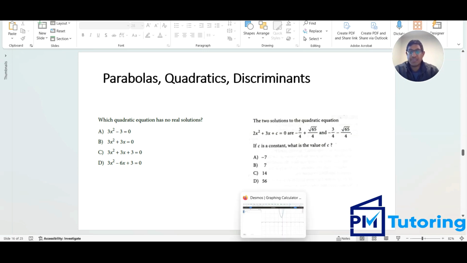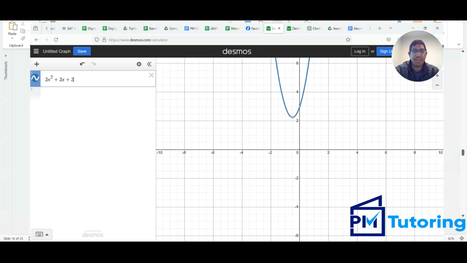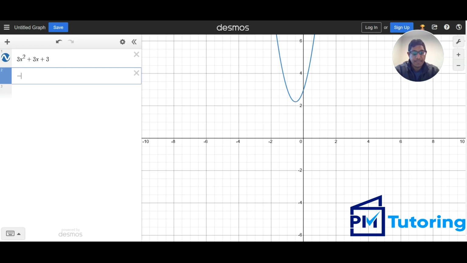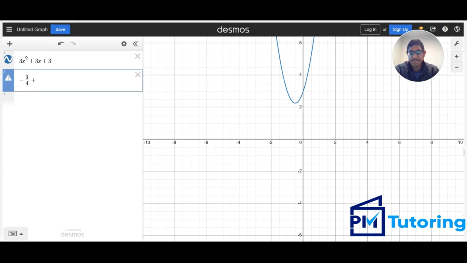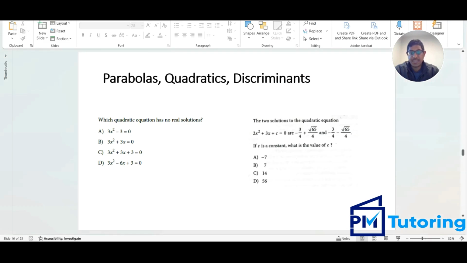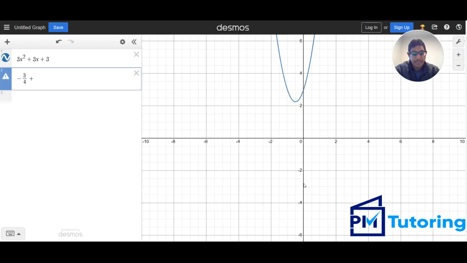So what we can do is just take a quick setup over here to figure out what negative 3/4 plus the square root of 65 over 4 is.